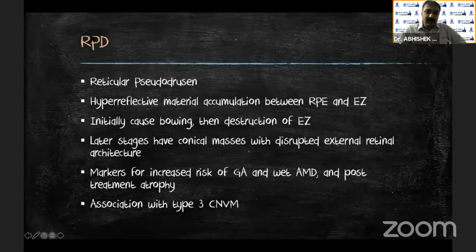Initially it causes bowing or distortion of the ellipsoid zone, but then it causes destruction of the ellipsoid zone. The later stages have conical masses and disrupted external retinal structures. This is a marker for increased risk of GA and wet AMD. If you have this when you're beginning your treatment, it is a marker of post-treatment atrophy. And it is very frequently associated with type 3 CNVM.